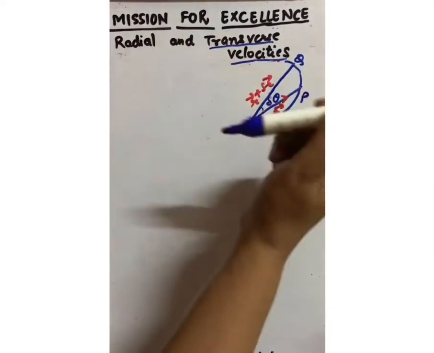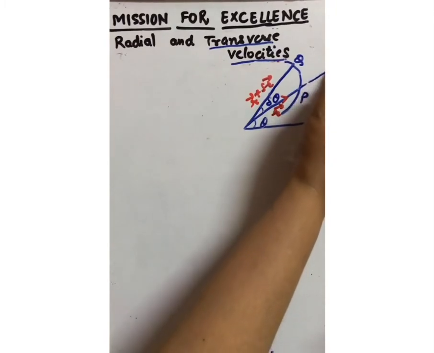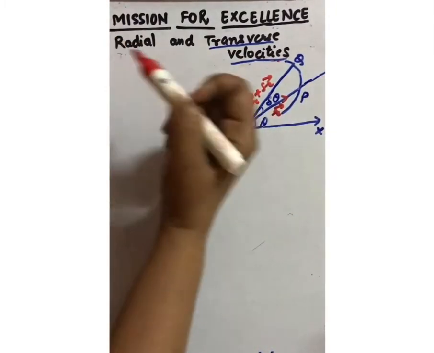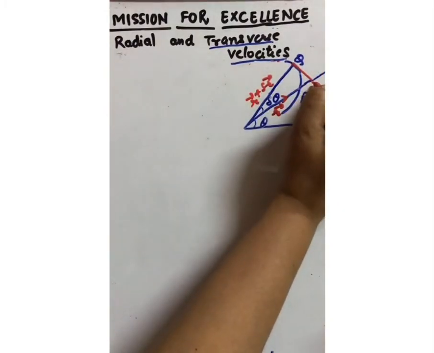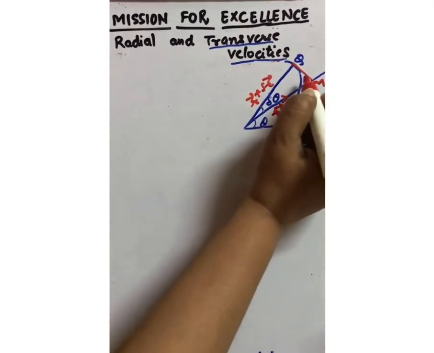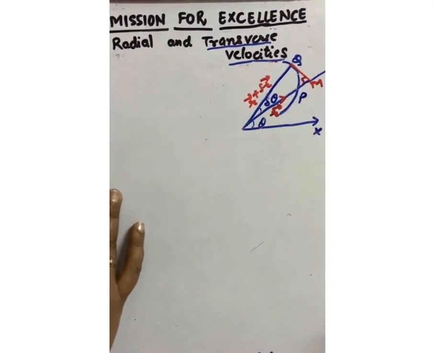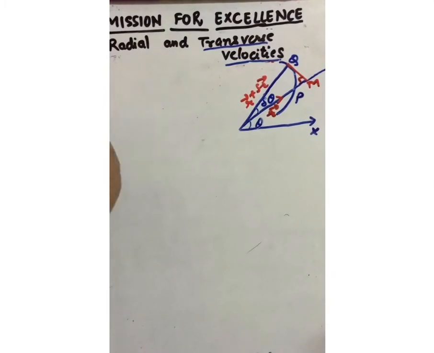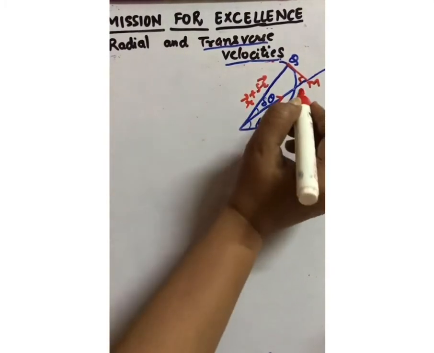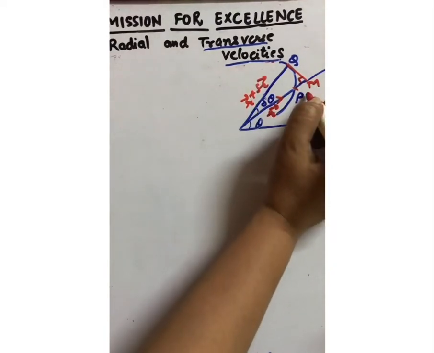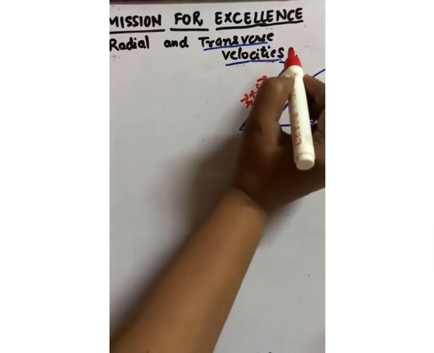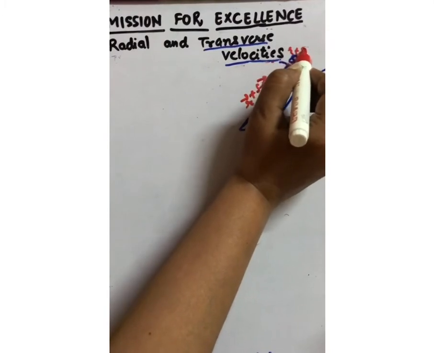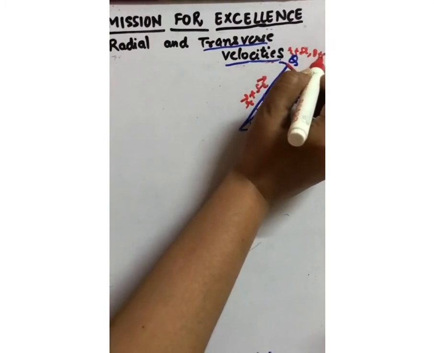So now let us extend this, and we take a perpendicular from here, take this point as M. Initially the coordinates of P are r and theta, and after some time the coordinates of Q are r plus delta r and theta plus delta theta.